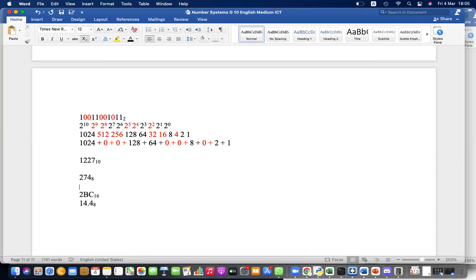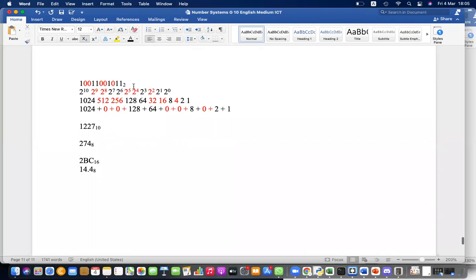Okay, octals. How to calculate octals? Similar to this, and this time you have 8 to the power 2, 8 to the power 1, and 8 to the power 0. So 8 to the power 2 will be 64, 8 into 8.